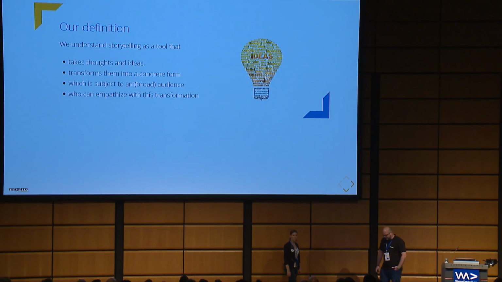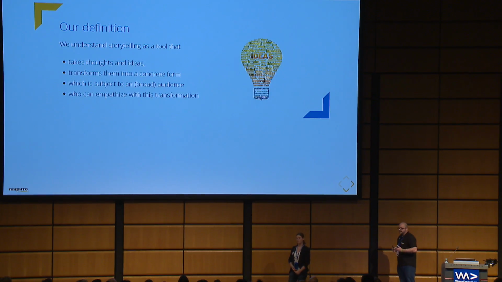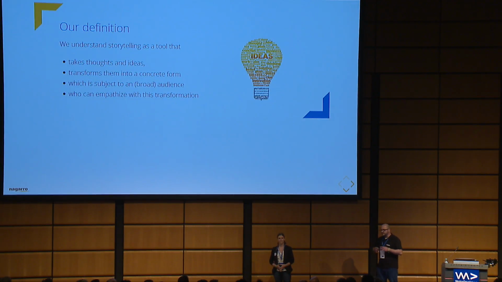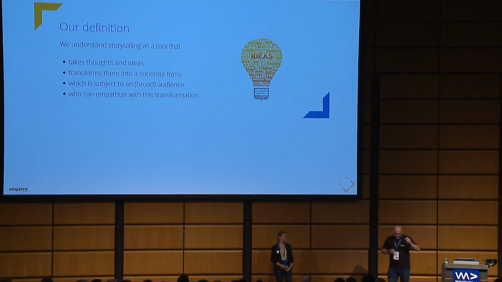So our definition of storytelling is taking something, mostly a requirement, breaking it down, taking the ideas out of the requirements, transforming them into concrete forms, and bringing them to a level of understanding for everybody in a room, in an audience, or in an IT project. It is important that everybody in the room or in the roles understands exactly the same about the problem, so we can solve this together. A simple idea about this is this image.